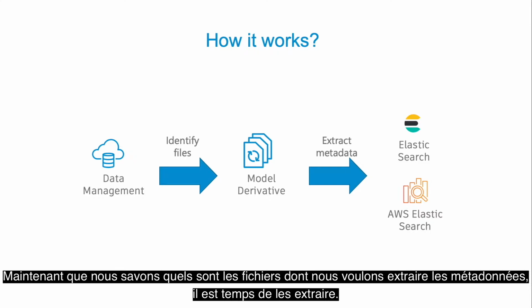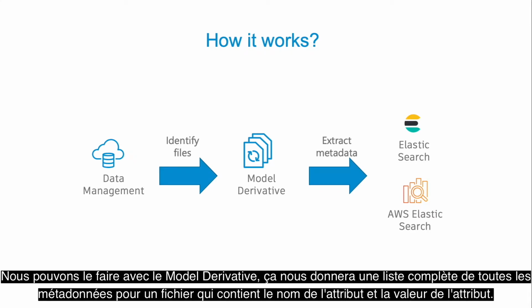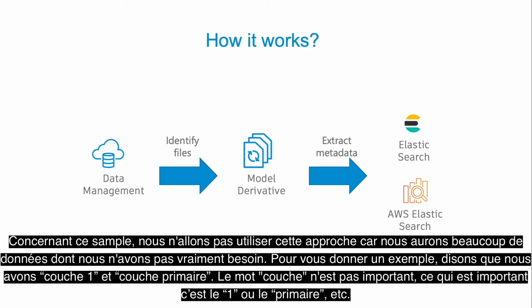Now that we know all the files from which we want to extract the metadata, it's time to extract the metadata, right? We can do that with the Model Derivative API, and that will give us a complete list of the entire metadata for a file, which contains the attribute name and the attribute value. In this sample, we don't use this approach because that will give us a lot of data that we don't actually want.